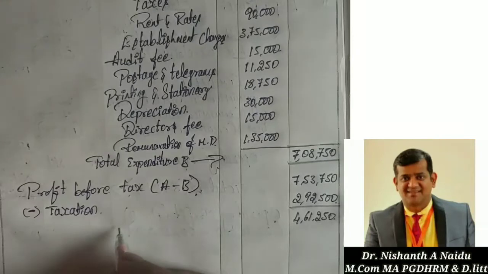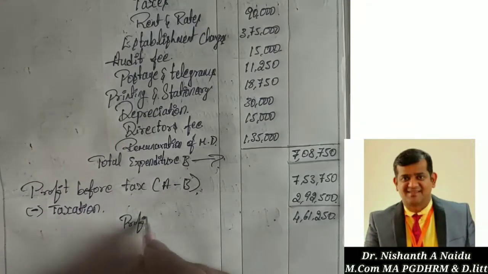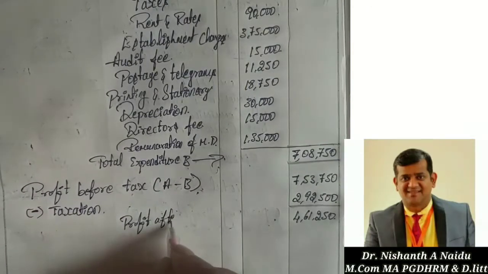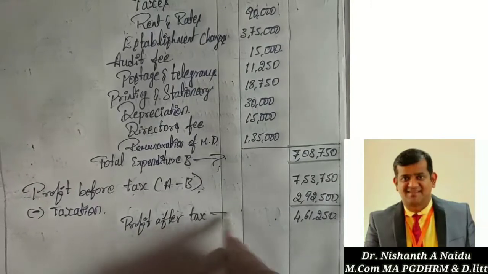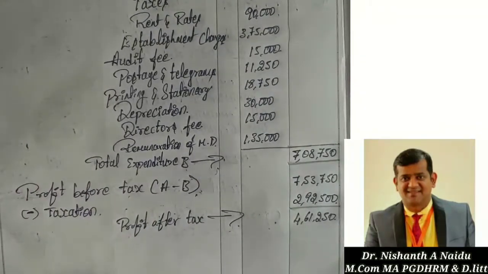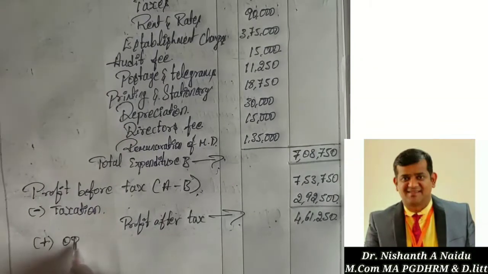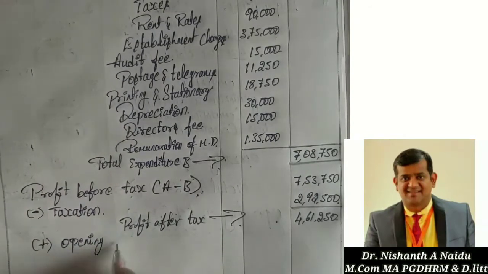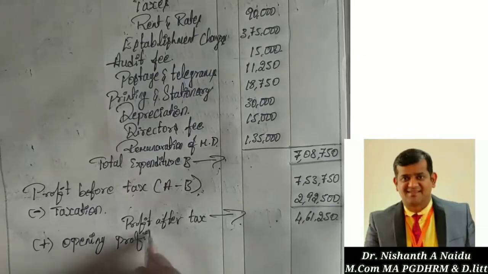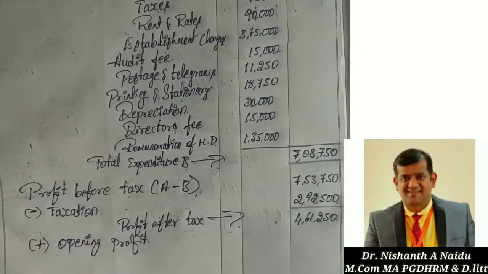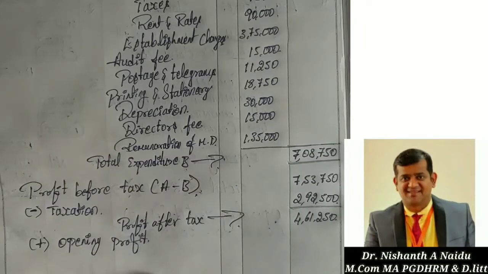So this we call profit after tax, 4,61,250. Okay. So next, add opening profit. He has given it as the last item on the debit side in the trial balance, P&L account balance as on 1/4/2005, credit balance.